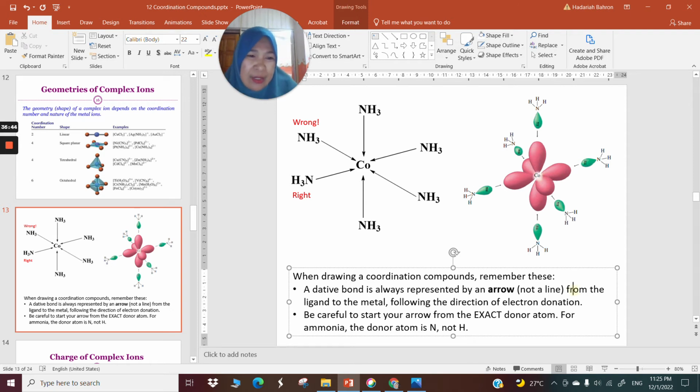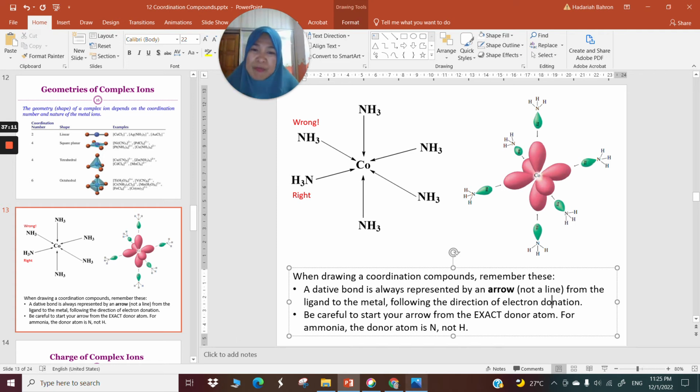It is an arrow that originates from the ligand to the metal. Why from the ligand to the metal? Because it is the ligand who gives the electron to the metal. So the ligand is the origin of your arrow going into the metal, following the direction of the electron donation. So remember, you have to draw an arrow for a dative covalent bond.